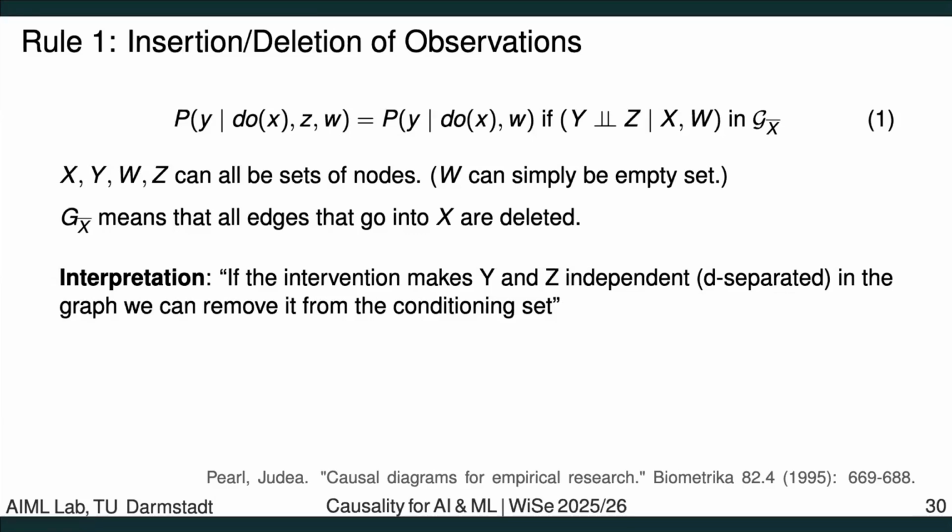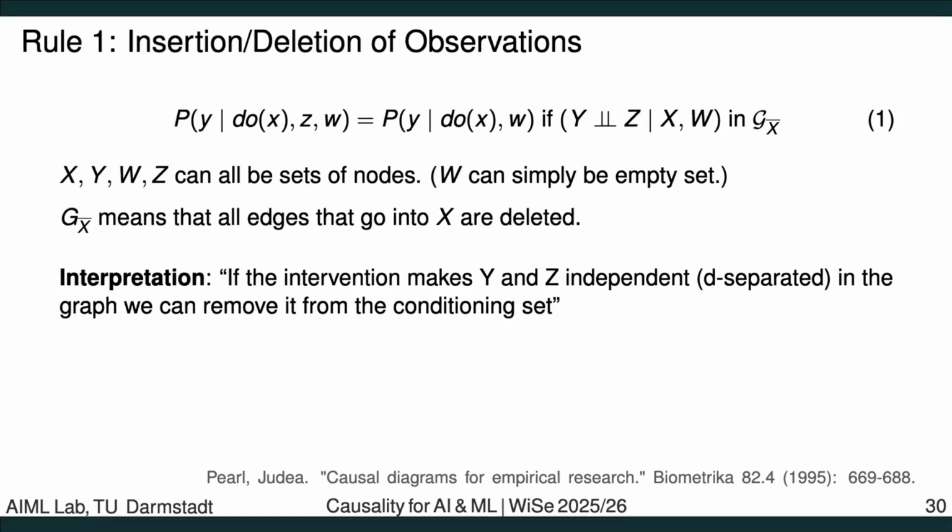And just a small hint, if you look these things up in the original paper or also in the books Causality or The Book of Why, you might find that instead of do X here, they do not use the do operator directly, but they say, okay, we fix the value of X to a particular value.